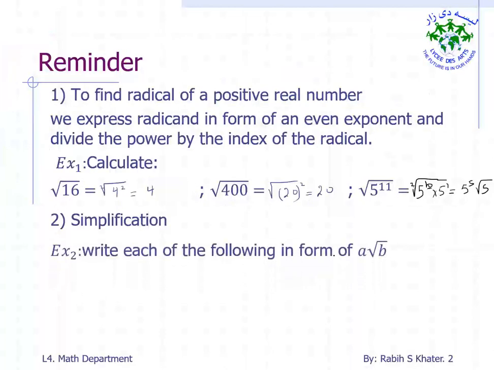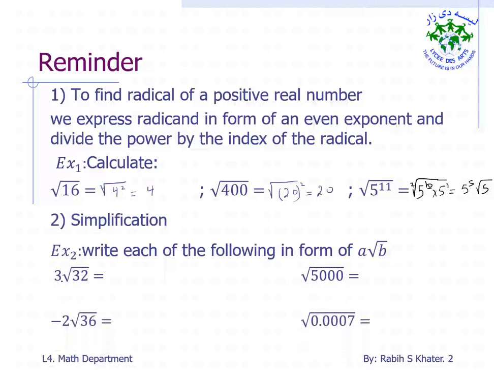Write each of the following in the form of a radical b, where b is a positive real number. Let's go now for the first example, 3 radical 32. Can you write radical 32 in the form of an even power? No. But we know that 32 is a product of two numbers.